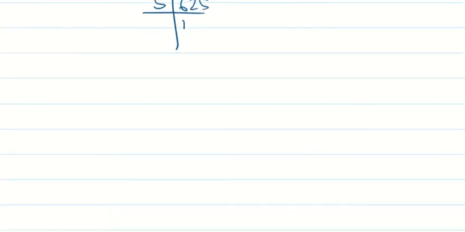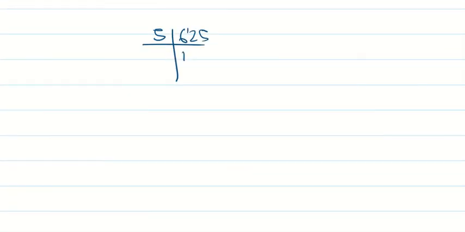So we write down 5. 5 goes into 6 once, and then there's 1 remainder, and then 5 goes into 12 two times, and then 5 goes into 25 five times.